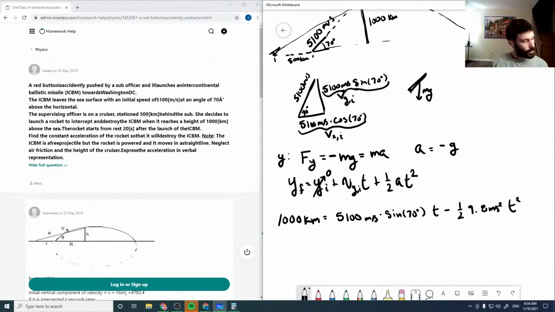Or I can rearrange this into 0 equals minus 1,000 kilometers. Actually, I might as well put this all into meters.